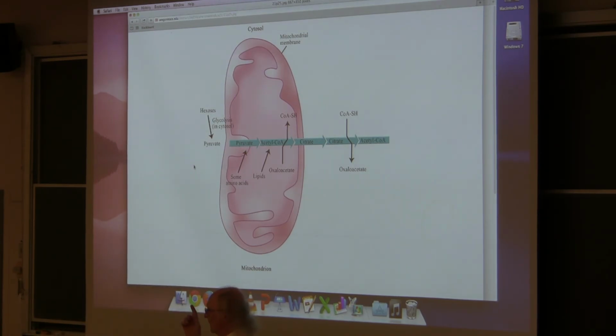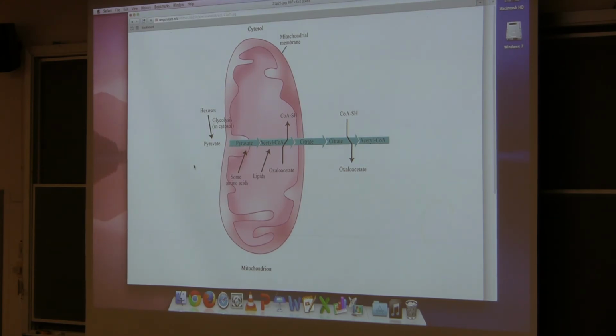High. Okay? Now, we're going to see that NADPH turns out to be needed for synthesis, but NADH levels being high also means that NADPH levels will be high. Okay? Well, let's think about what this means. If NADH levels are high, what happens to the citric acid cycle? It stops, right?